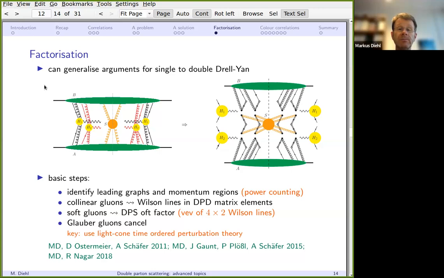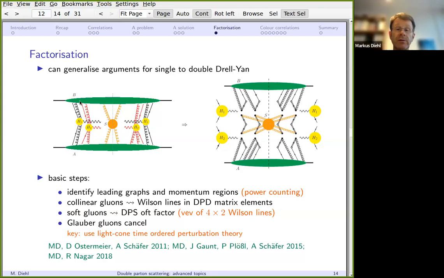And just a technical remark, you will not be surprised if I tell you that to show this Glauber cancellation in the presence of two hard scatters, each of which has its own complicated color structure, looks terrible even compared with the case of single parton scattering, which was difficult enough. We really struggled for years to find the answer to that.